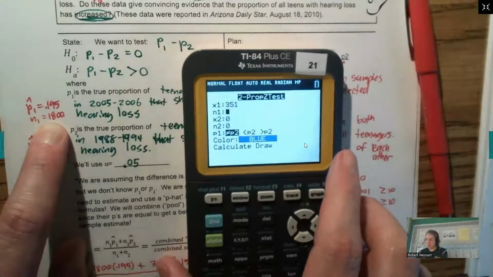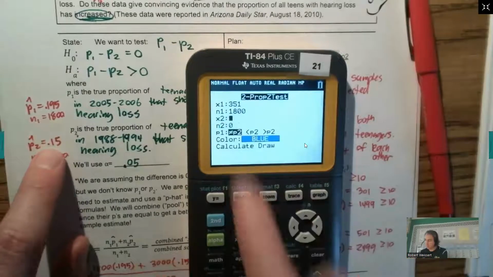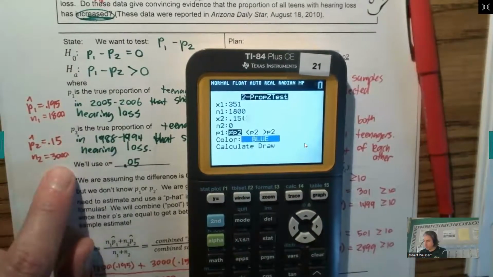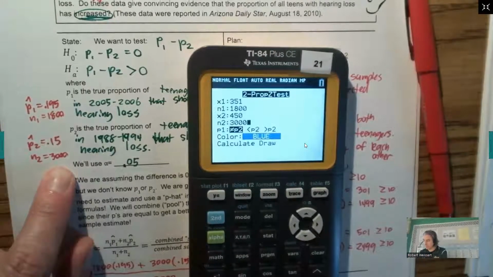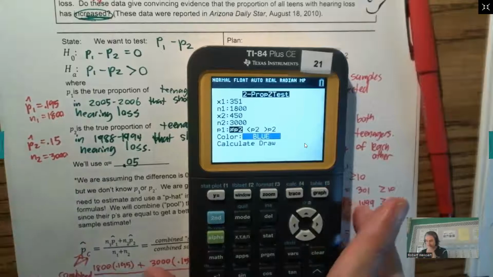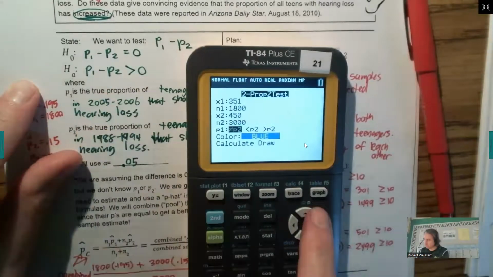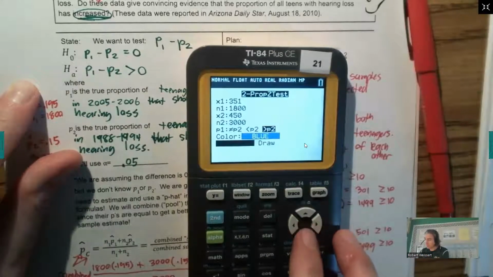And then over here, you're going to do 1800 for the N. For X2, we're going to do 0.15 times 3000, and 3000 for your sample size. And we want to test to see that it's increased, so I'm going to do larger than. I'm going to go calculate.